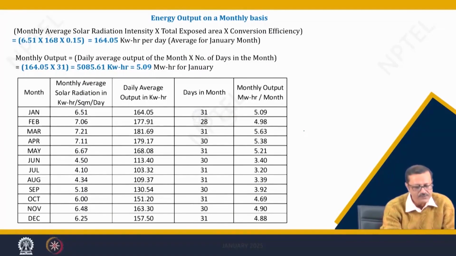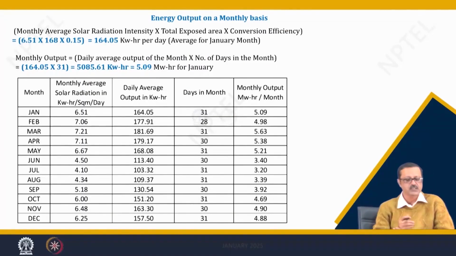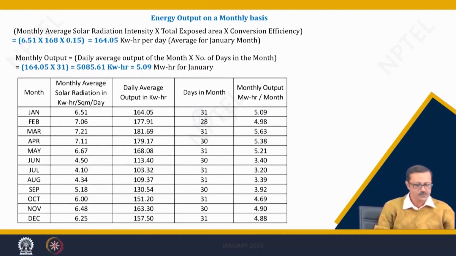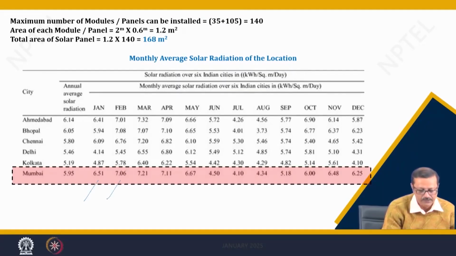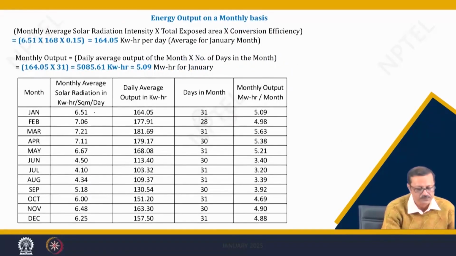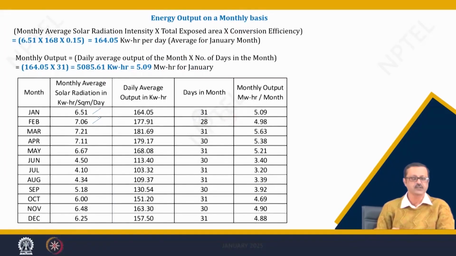This monthly average solar radiation, kilowatt hour per square meter per day, I have tabulated from the table. You see, January it is 6.51, February 7.06, similarly, that I have tabulated January to December.